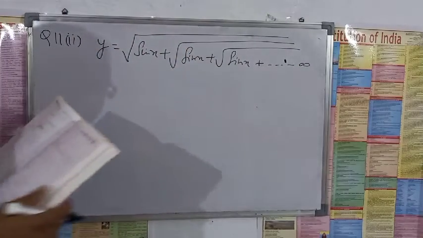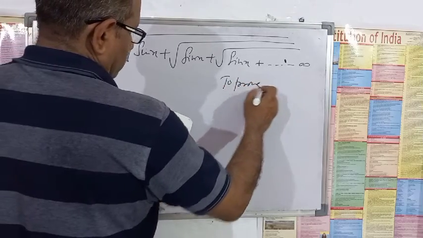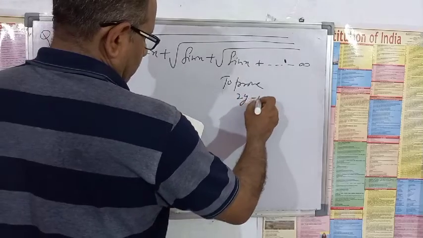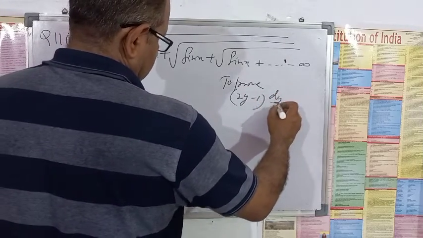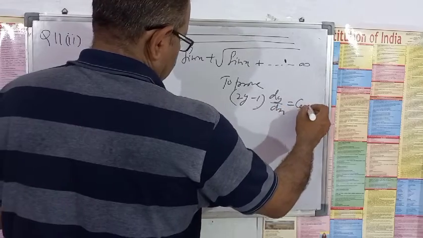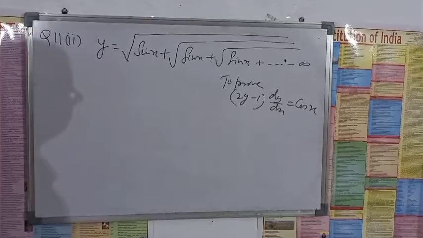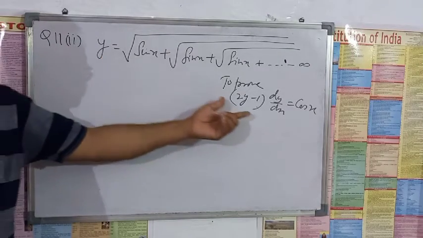And we have to prove that 2y minus 1 into dy by dx is equal to cos x. So the question of 11 second part is this one. We have to prove this result.